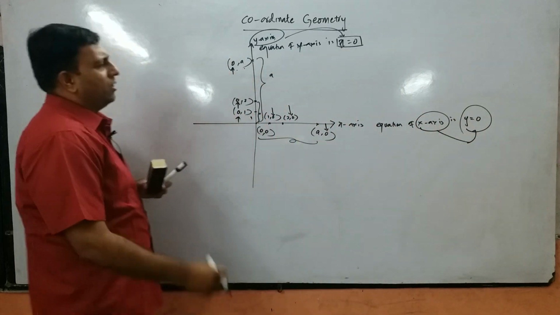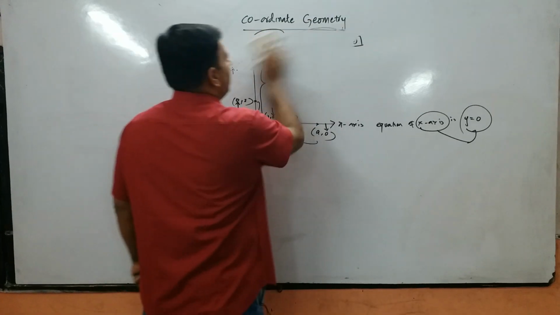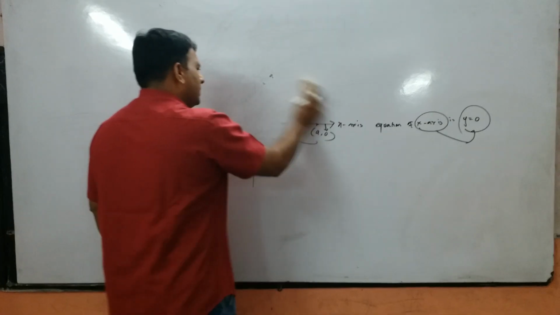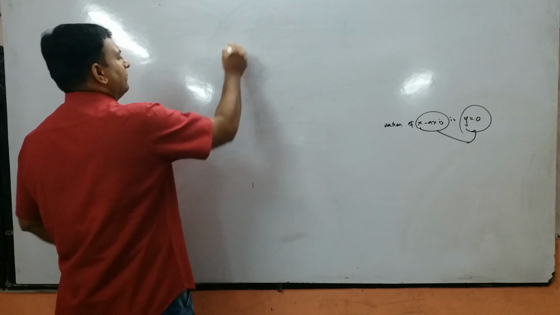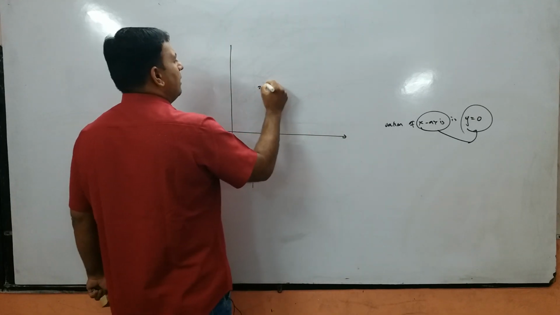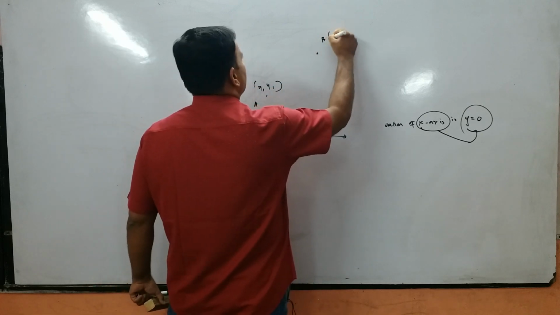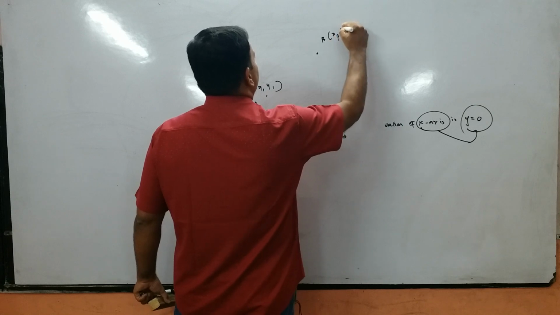Let us move forward and try to understand what the distance formula is. Now, let us take a point x1, y1, and there is a point x2, y2, right?